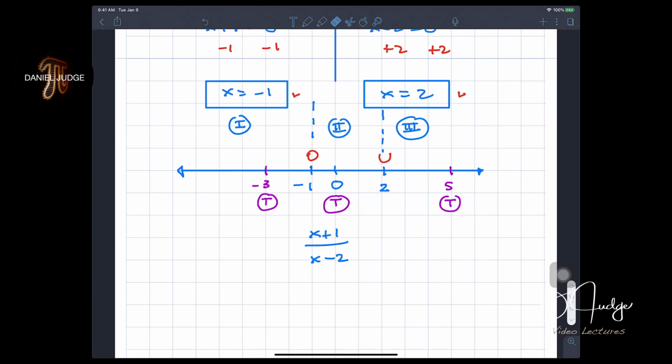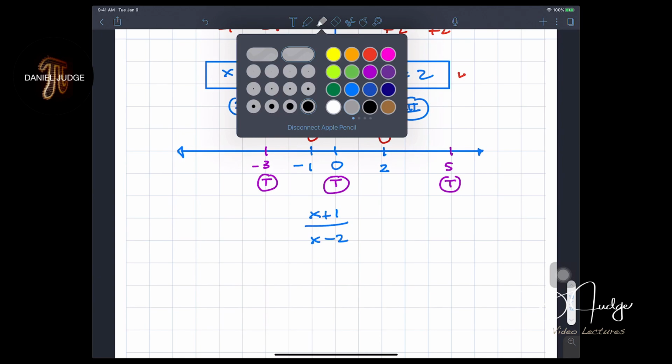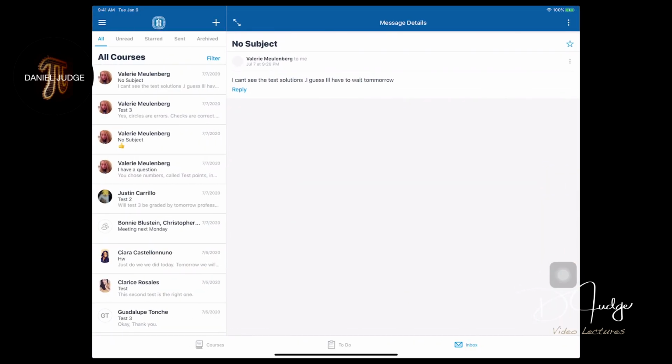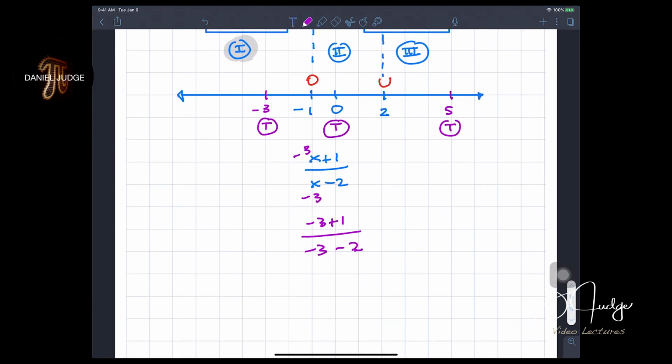The test point is going to determine the sign of the region. So here's what we mean. We plug in -3 here, so we're testing region 1. We plug in the -3 test point and do the arithmetic: -3 plus 1, -3 minus 2. -3 plus 1 is -2, -3 minus 2 is -5, and a negative over a negative is a positive.